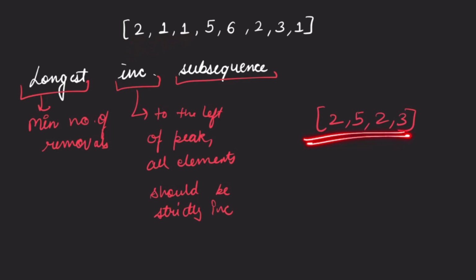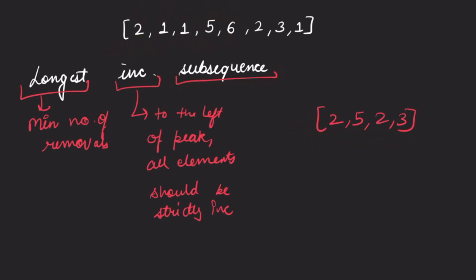They do not mandatorily have to be contiguous. It can be contiguous or non-contiguous, right? So after 2, it's not necessary that we should take 1 only. We can take other elements also. But one thing that matters is that the relative order of the elements should be maintained. So for example, here 6 is coming after 5. So in your subsequence also, if you are considering them, then 6 should always come after 5, after 1, and after 2. It can never come before them, right? So that is a subsequence.